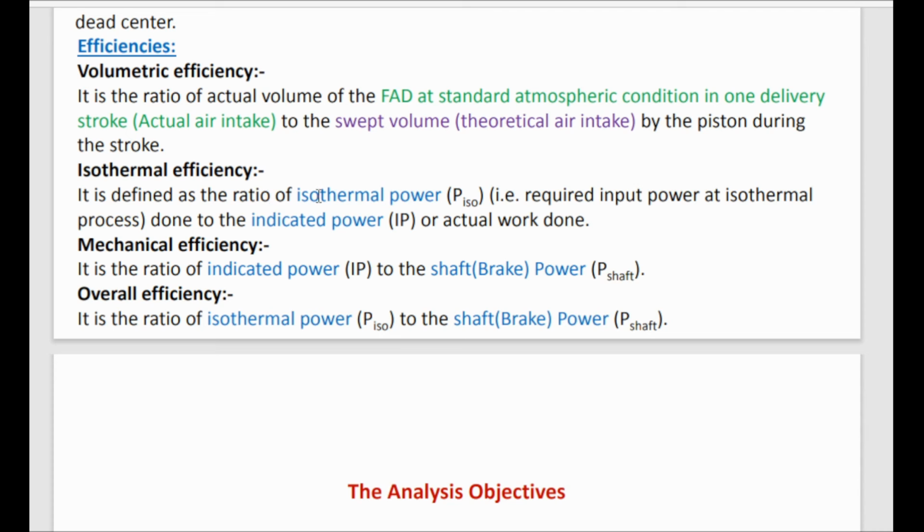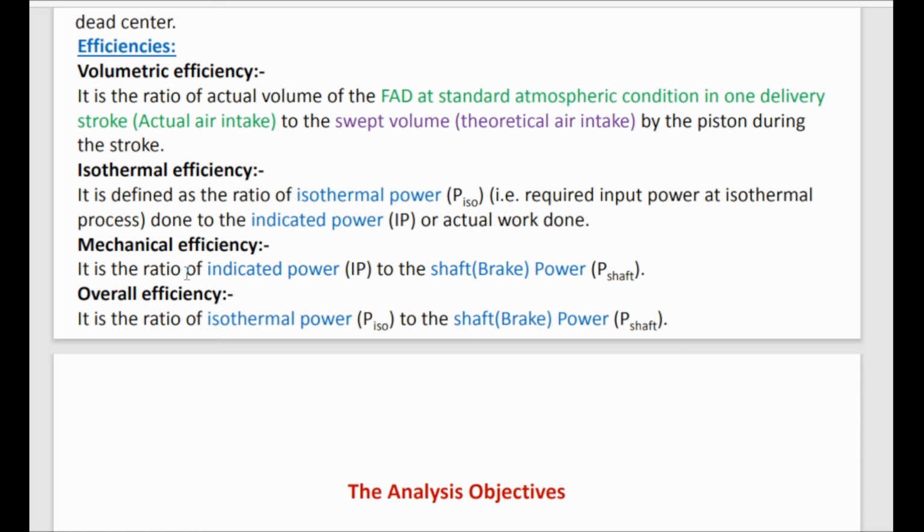So if we consider the process to be isothermal, then it will consume some power. If we take the ratio of that power to the indicated power, which is the power that is given to the fluid by the piston, that is the power taken by the fluid, that is the indicated power.